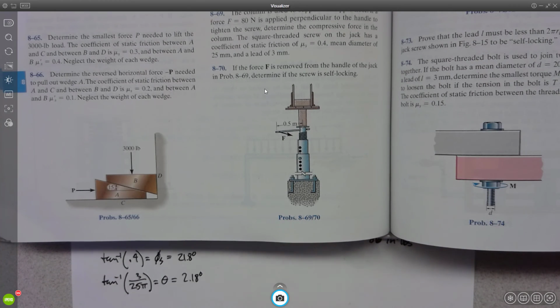So if we have these two values, we're smashing it, so we know the equation is M = R W tan(theta + phi static), right? The moment we're given is 80 newtons at half a meter.